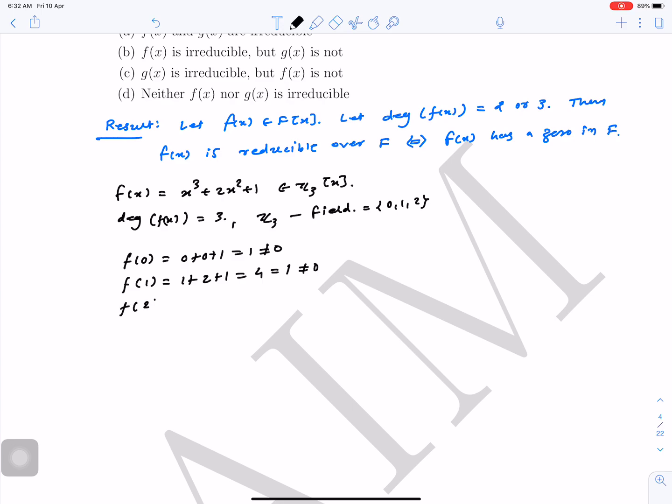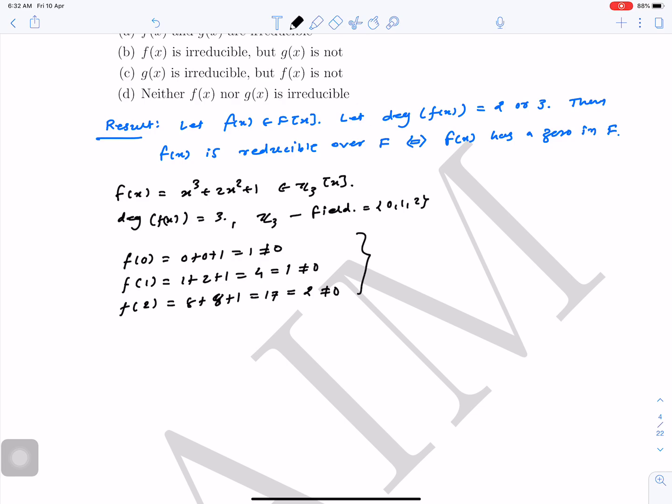And f(2) will be 8 plus 8 plus 1, it is 17, and 17 in Z3 is 2, which is also not equal to 0.